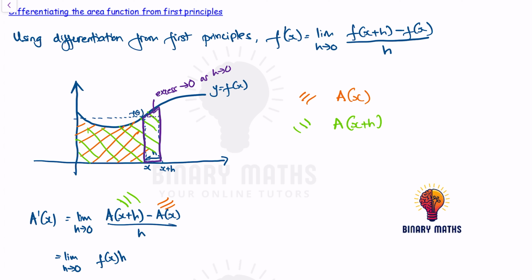So f of x times h is just what remains over h. The h and the h cancel out, and f of x no longer has h involved, which is just f of x. So when you differentiate the area function, we get f of x.